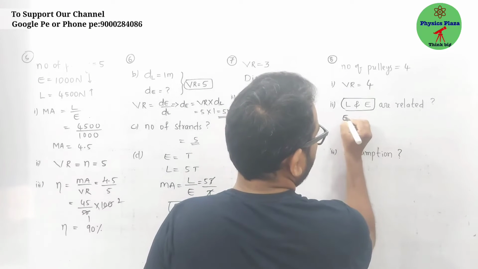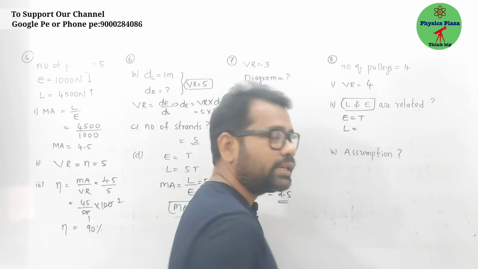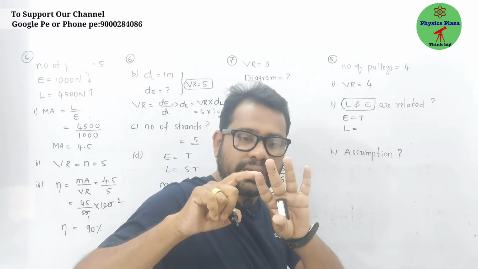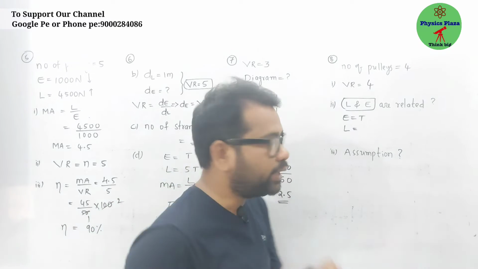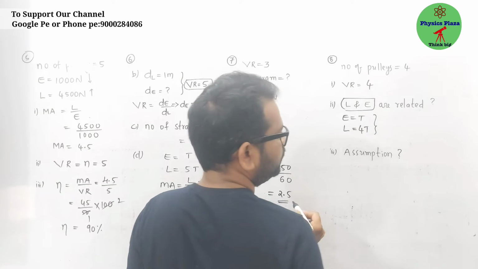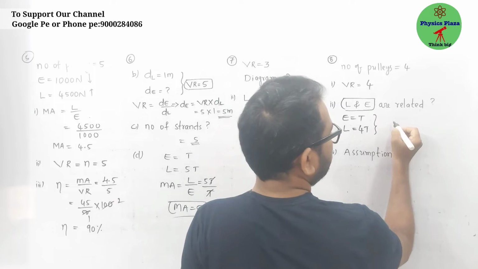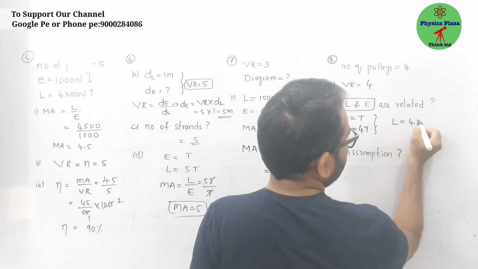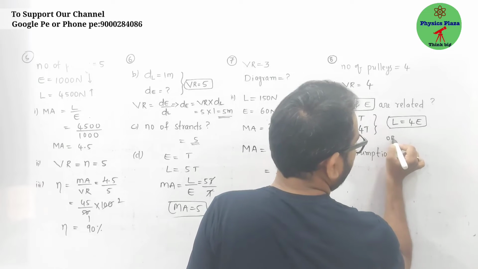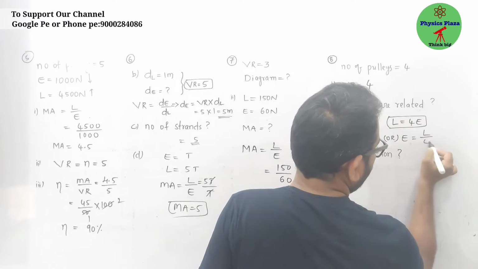So effort is equal to T. Load is supported by 4 strands, in each strand one tension T. Total 4 T's will be there. So L is equal to 4T, and T is equal to E. So can I write L is equal to 4E? Yes, you can write L is equal to 4E, or effort is equal to L by 4.